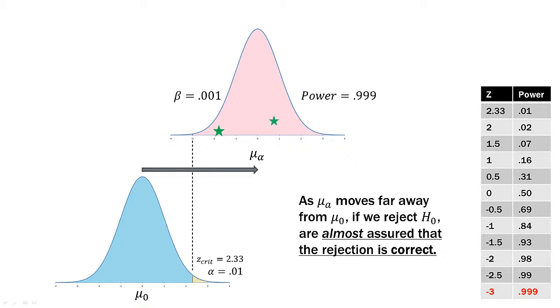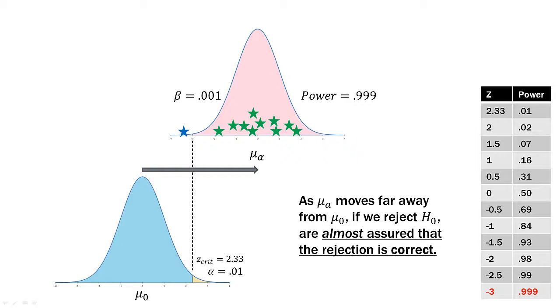So let's say we get a bunch of sample means, like that. Now, what we can say is that if our sample mean is one of the green stars, we will, of course, reject our null hypothesis because they are not near the blue down here in the lower left. So we would reject our null hypothesis and it would be correct.